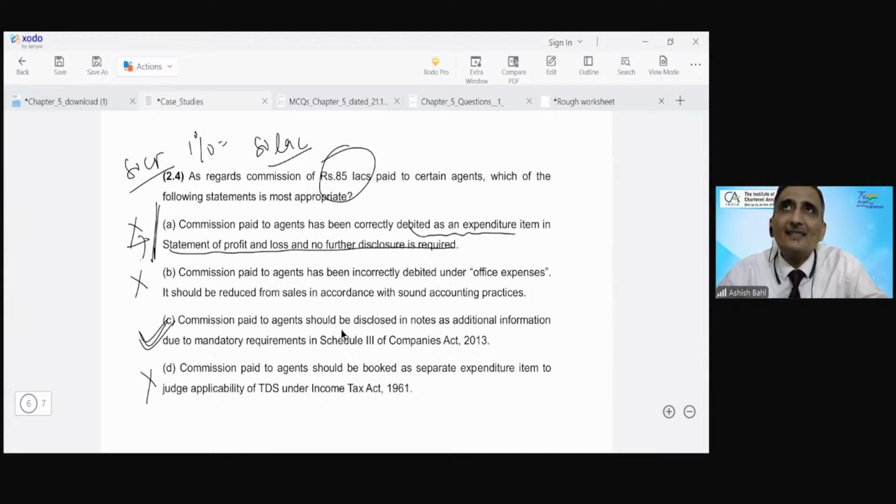It exceeds the limit set in Schedule 3. That is why I have told you guys to read Schedule 3 meticulously. And the same example is given in your chapter 3 under the topic of materiality.